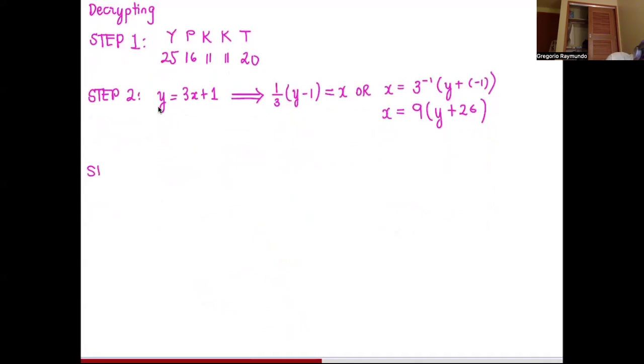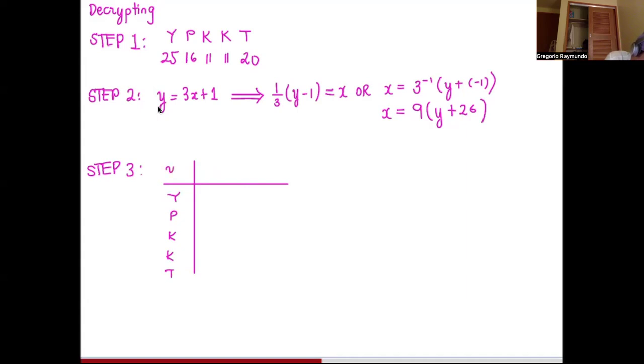So, step 3 na tayo. Kailangan bumalik yung hello. So, meron ka ditong X. Okay. Y, P, K, K, T. Tapos, X is equal to 9. Sorry. Y pala ito. Sorry, class.